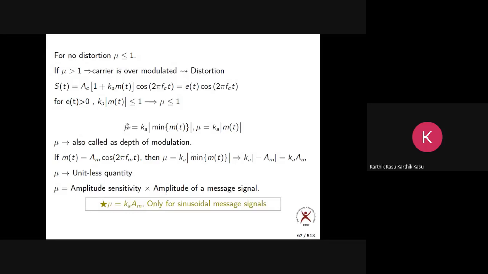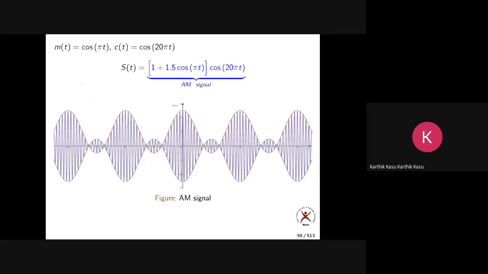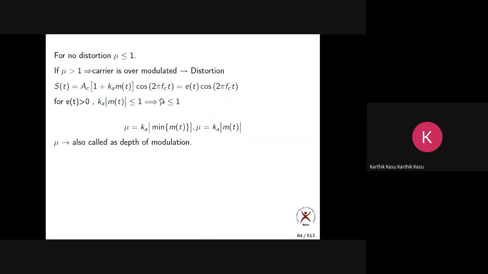So how did you get this formula? This formula comes from taking this term to be positive. This term should be positive in any case. Here you can write simply Ka m of t. You can write minimum maximum also, but you can simply write mu equal to Ka mod m of t. That is enough. So AC 1 plus Ka m of t cos 2 pi fct is nothing but Et cos 2 pi fct.